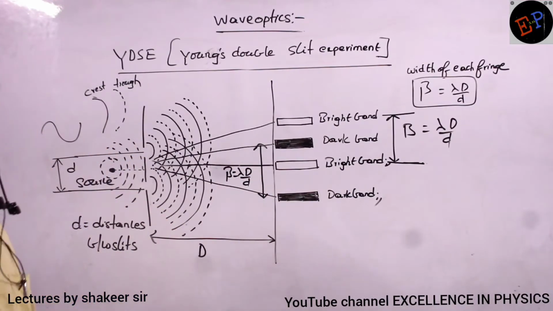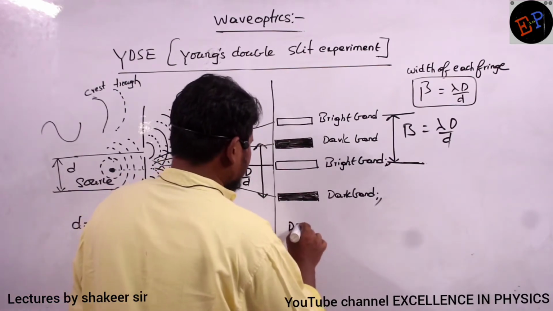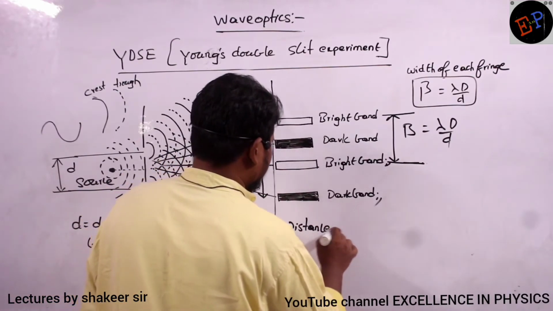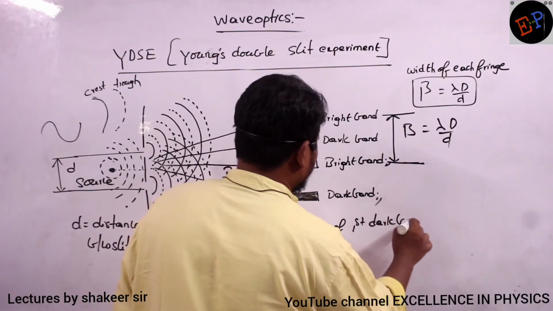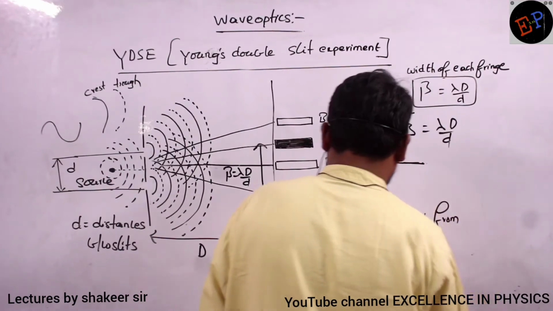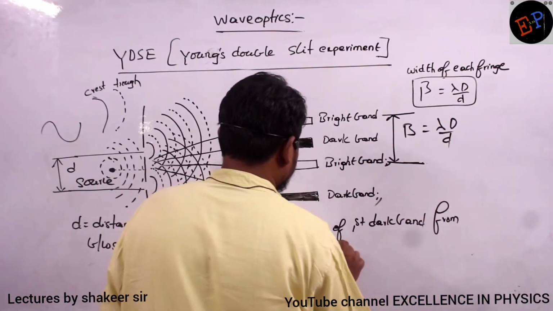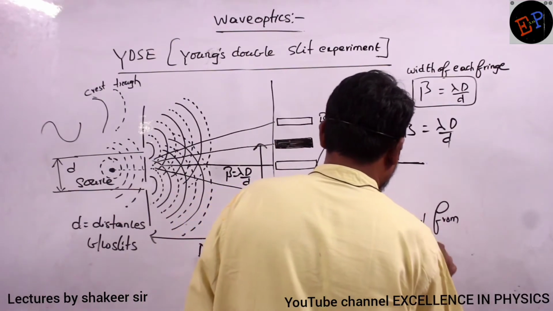Clear? Now answer my question. So distance of the first dark band from the center of the screen is how much? Can you say?